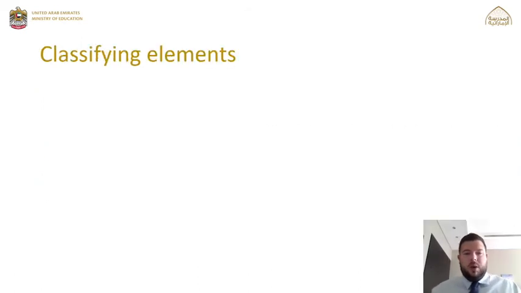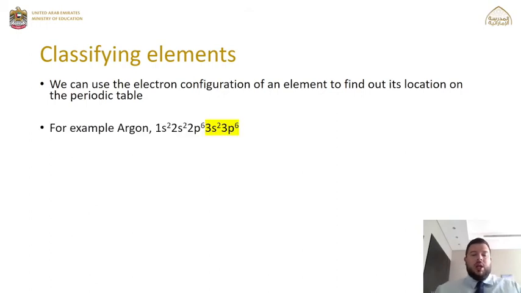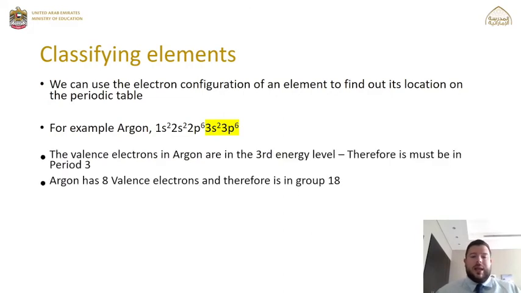Moving on then to classifying the elements. We've spoken about periods, we've spoken about groups. What we can do is use the electron configuration to locate the element on the periodic table. Argon has an electron configuration of 1s2, 2s2, 2p6, 3s2 and 3p6. What we can see is that the valence electrons are located in principal energy level 3.